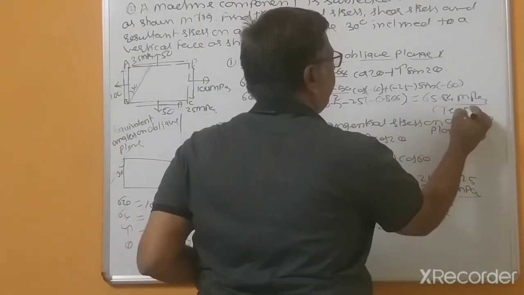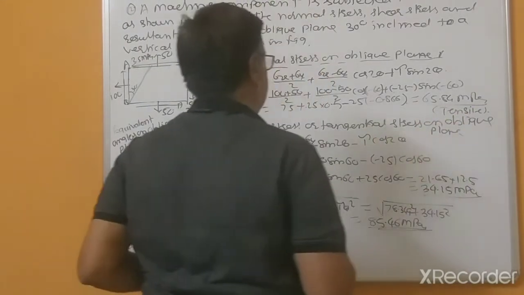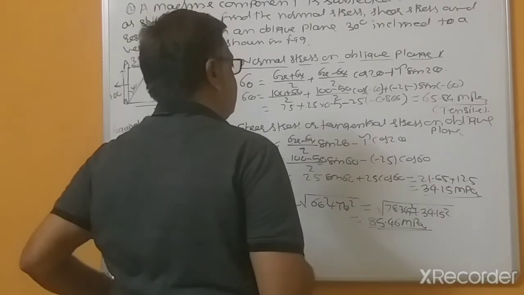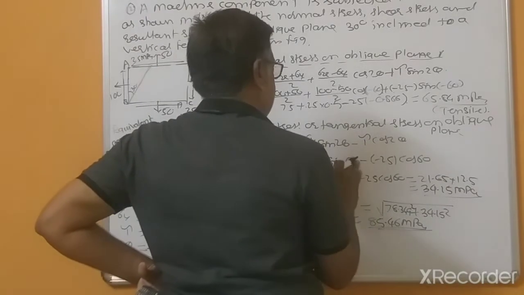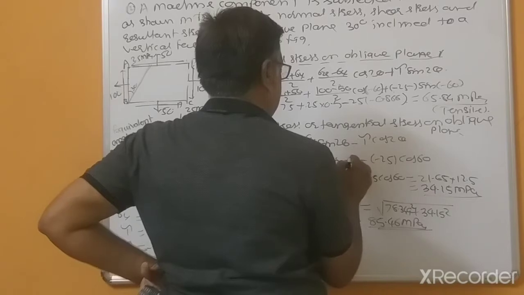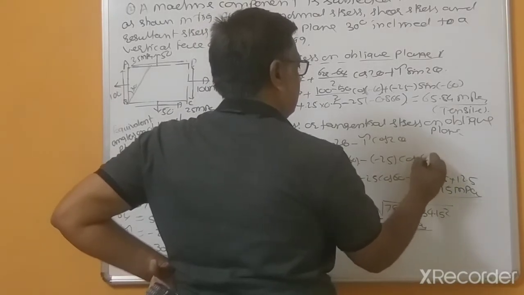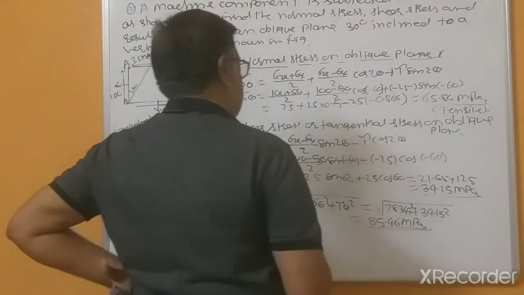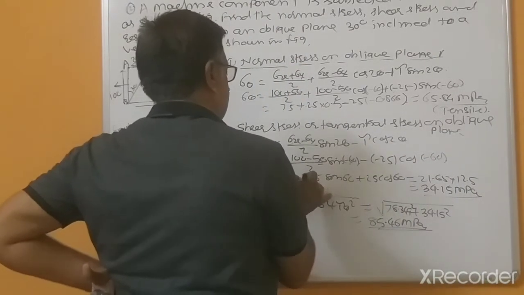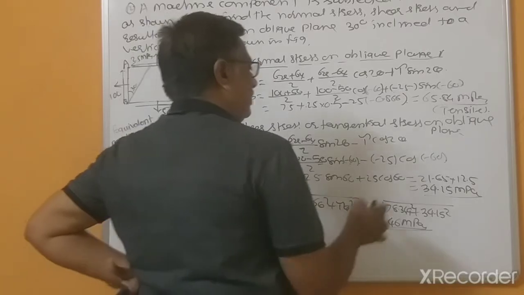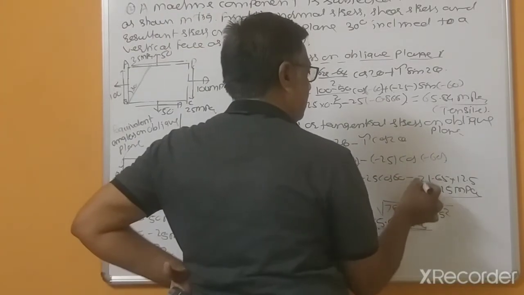Positive means tensile, and this is minus sin 60, and this is cos minus 60. So that's why this becomes minus 25.